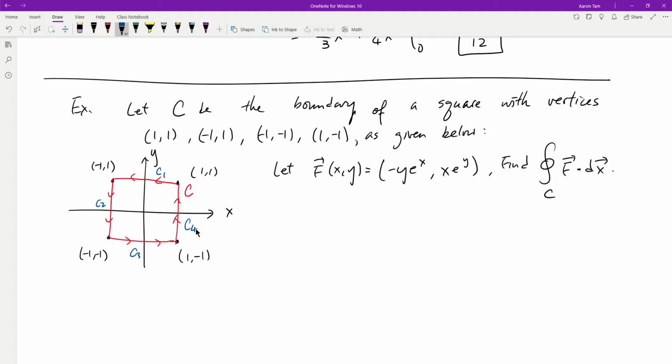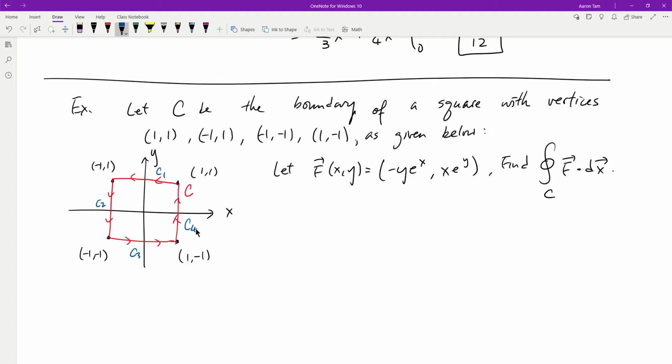Granted, they shouldn't be too hard to do. Notice that we talked about this back in chapter 8.1. If we have a line integral where the line goes parallel to the coordinate axis, it makes it extremely easy, because one of the variables must be constant. That still allows us to reduce our line integral from multiple differentials to a single differential. But it still requires me to do 4 separate line integrals.